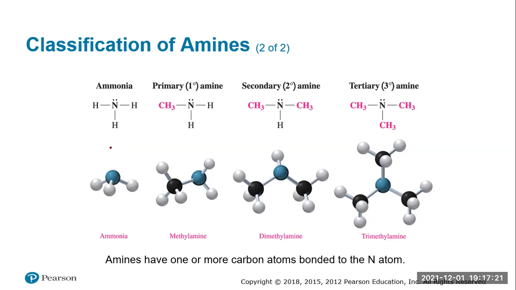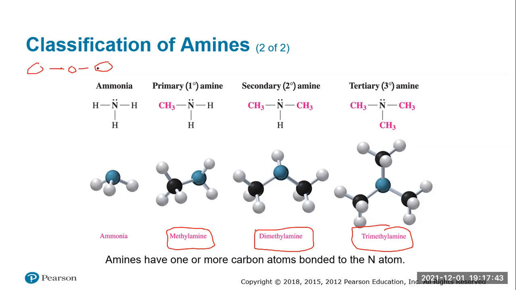How we name amines, as you could get a hint down here, a common way of naming amines is very much like how we name ethers, where if you remember, on the ethers we went with the oxygen in the middle and what groups were on either side of the oxygen. Here we go to the nitrogen and look at what type of groups are there, and that is a methyl group.